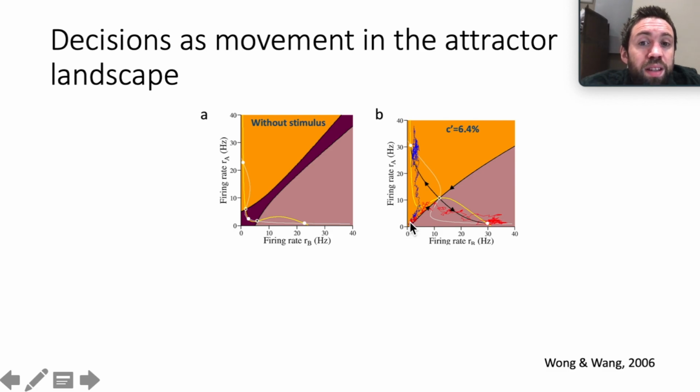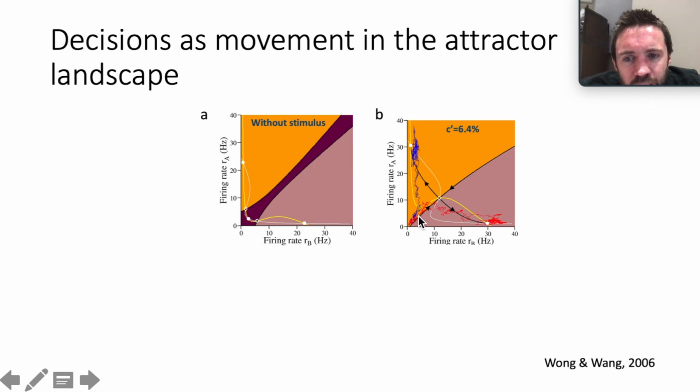So the initial state of the system, which was down at this stable steady state here, lies slightly within the basin of attraction for this steady state here. So just more than half the time, activity will initially be drawn towards this state here, and because it's in the basin of attraction for this steady state attractor here, it will gradually be drawn towards this state.